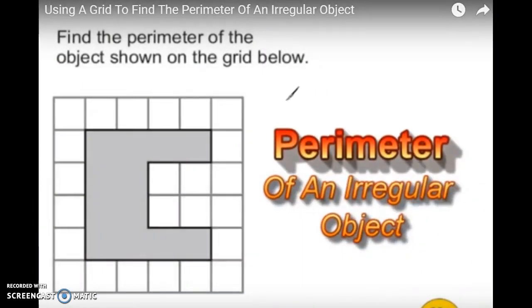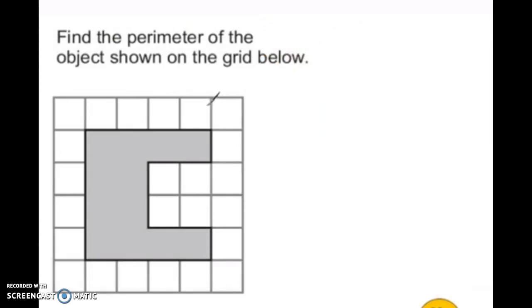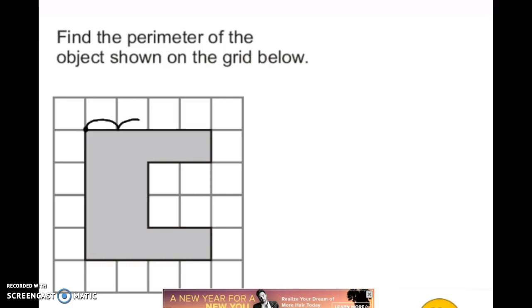To find the perimeter of this object, what we are going to do is pick any starting point on the outside of this shape. I'm going to start with this point right here, and I'm going to jump from one grid mark to another grid mark, and that would be a distance of 1 unit. For example, from here to here is a distance of 1. So we make 2 and 3, and we can go all the way around and just continue counting by ones.